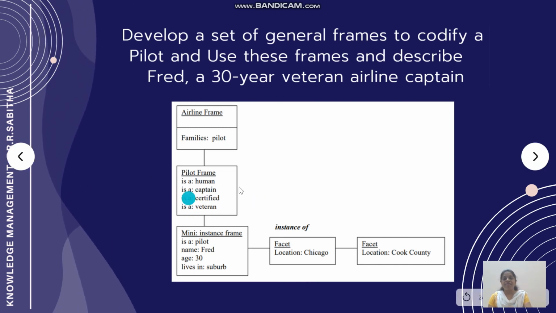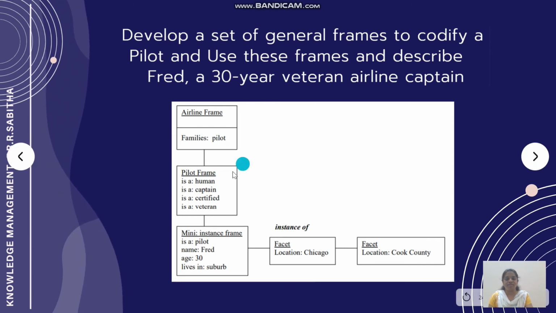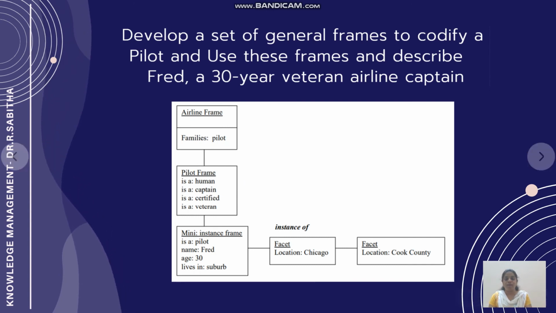In the pilot frame again he is a human, and this pilot can be a captain or he can be a sub-captain. Again, all these, human, captain, certified, veteran, are child frames, and you can also give slots and facets to them. It depends. Because here we are only going to represent Fred. We are not going to concentrate on all those slots and facets, all those child frames. We will only be concentrating on the major instance frame.